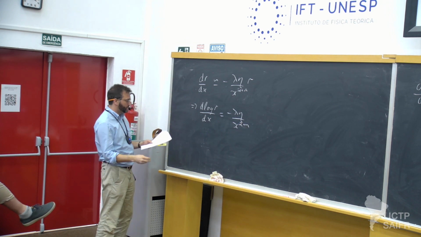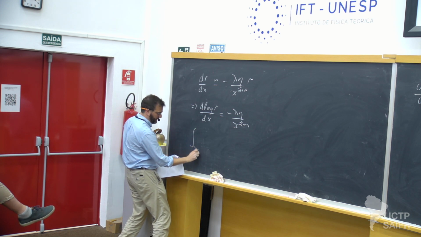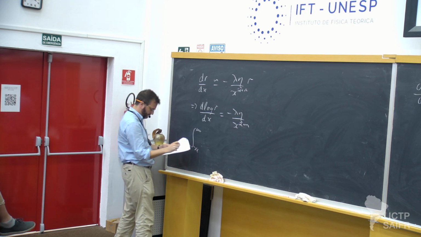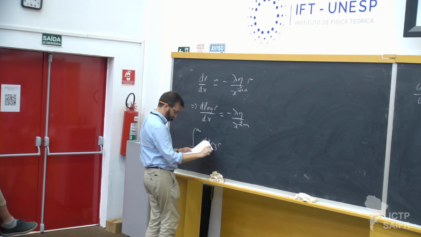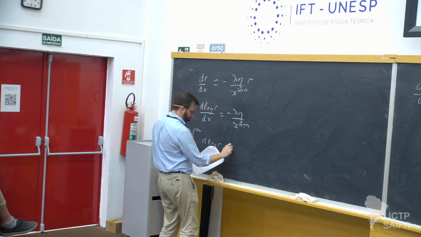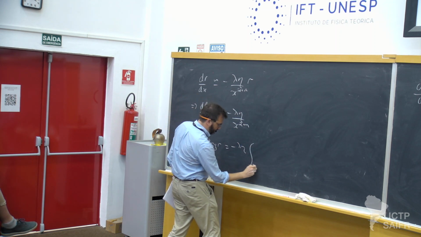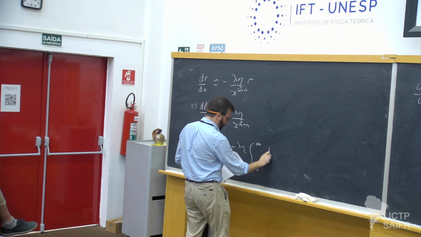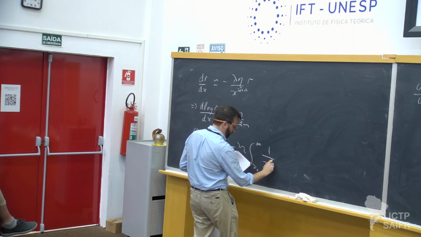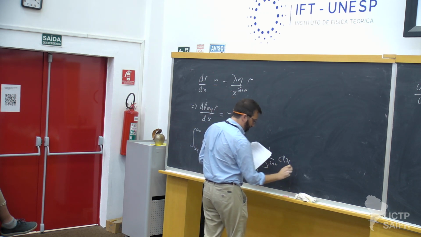Now we just integrate both sides from x freeze out to infinity. d log R equals negative lambda eta, integral from x freeze out to infinity of 1 on x squared plus n, dx.